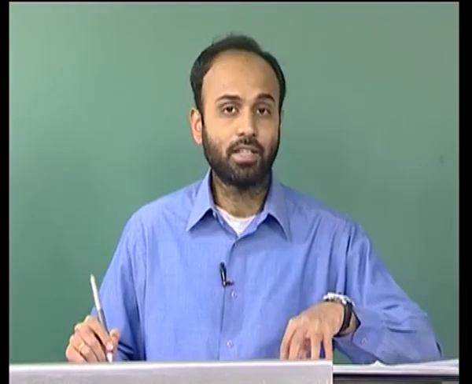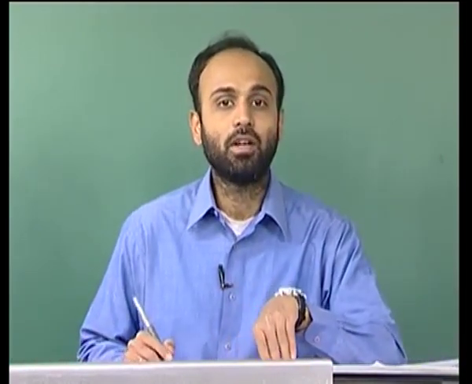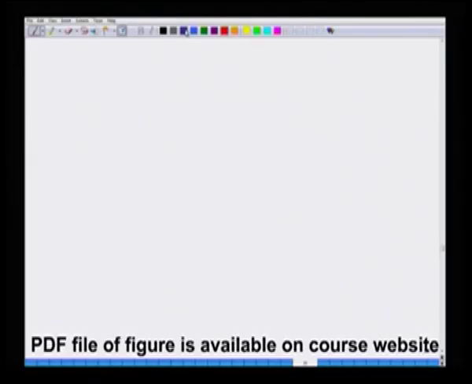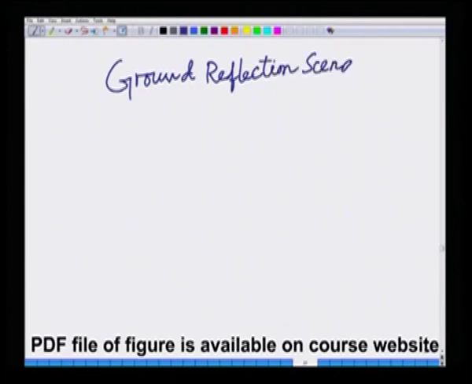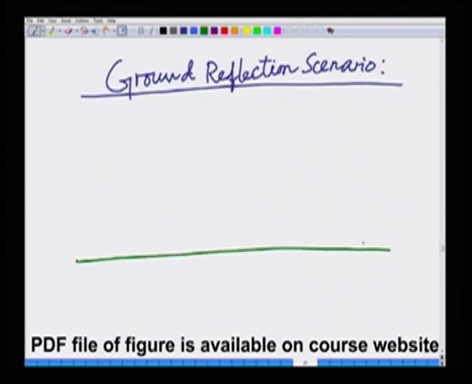As an example to see how the path loss exponent can be greater than 2, let us consider a typical ground reflection scenario. The ground reflection scenario can be modeled as follows.